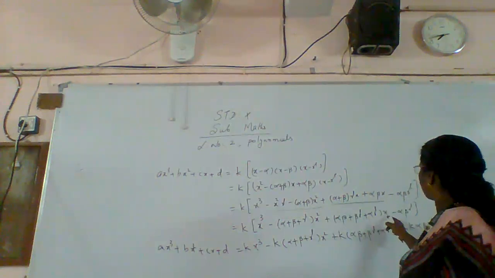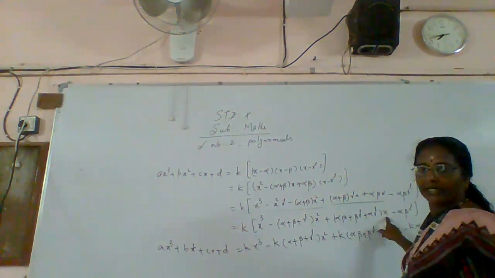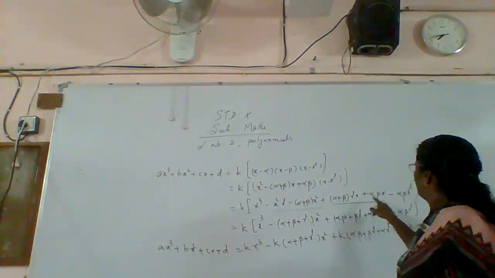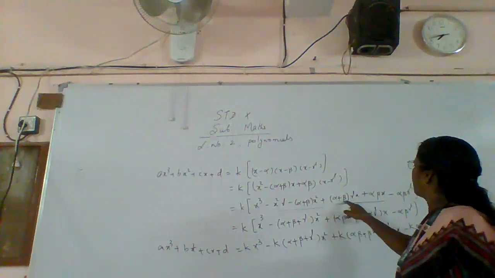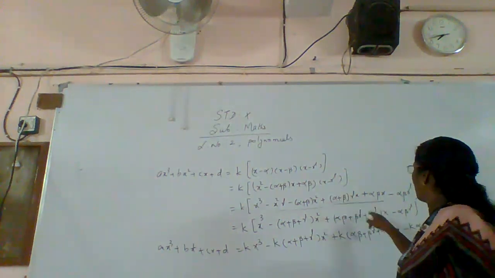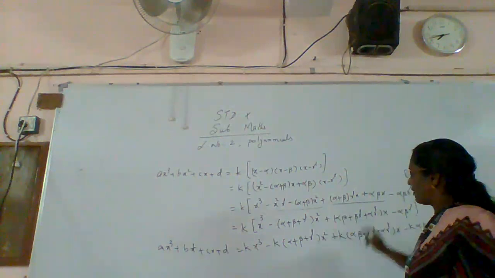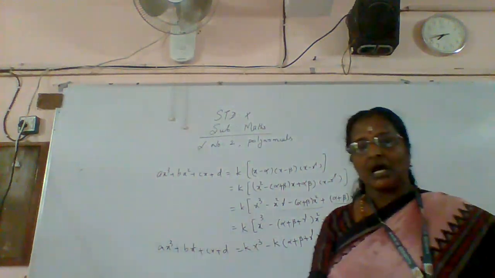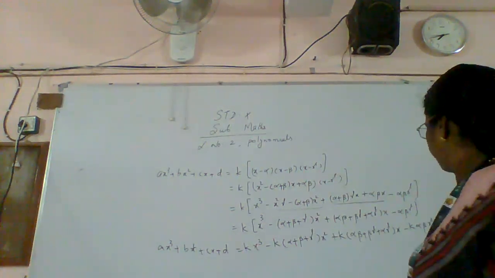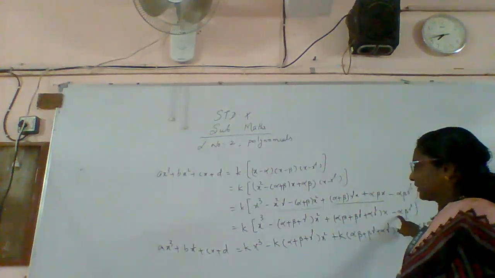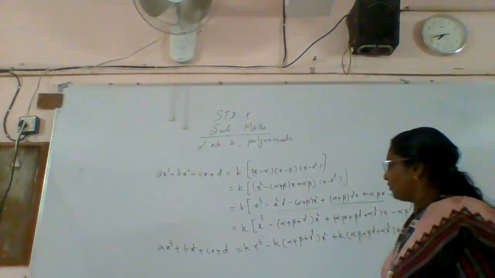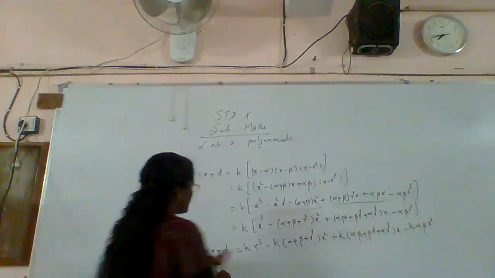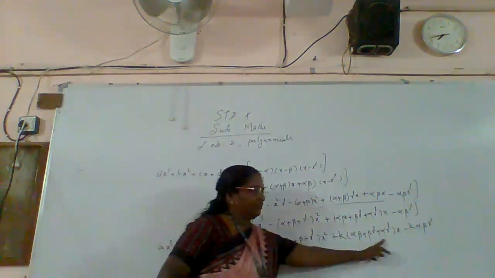Therefore we take x common outside and write in order: first alpha beta, then beta gamma, then alpha gamma, so (alpha beta plus beta gamma plus alpha gamma) into x, minus alpha beta gamma. Now I multiply by this k throughout.